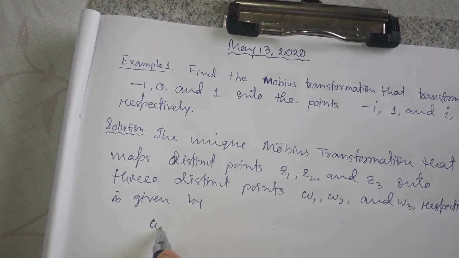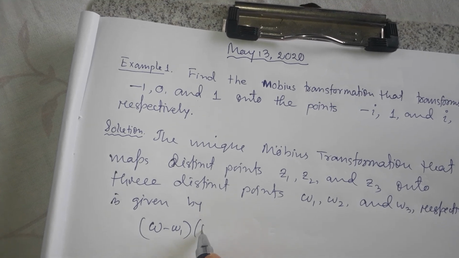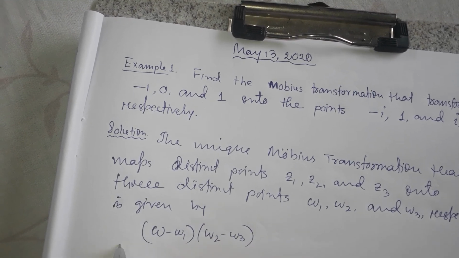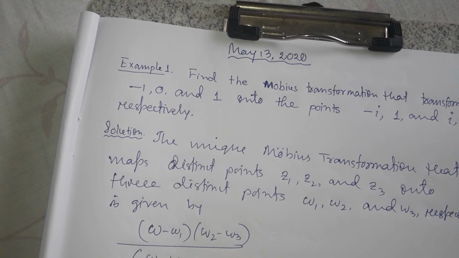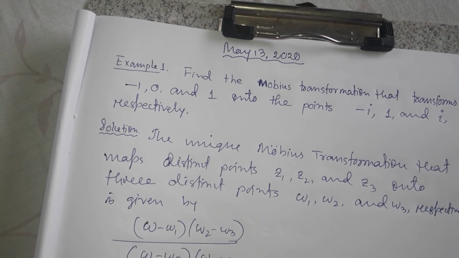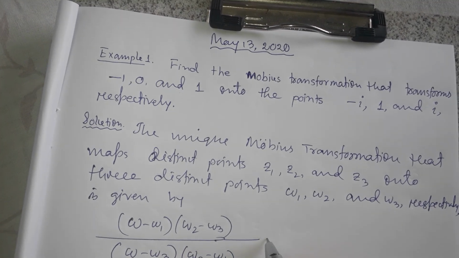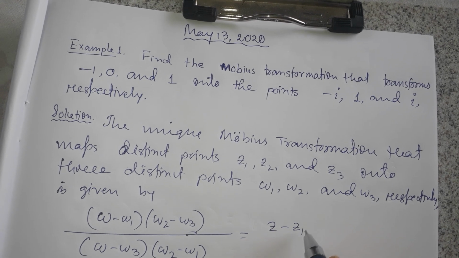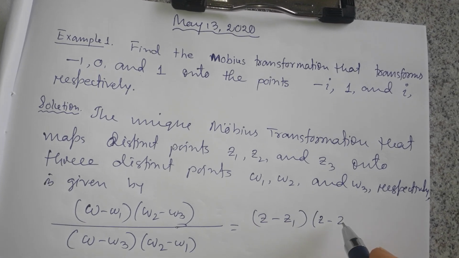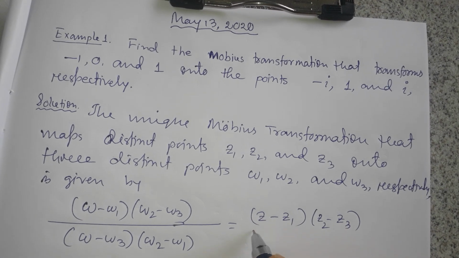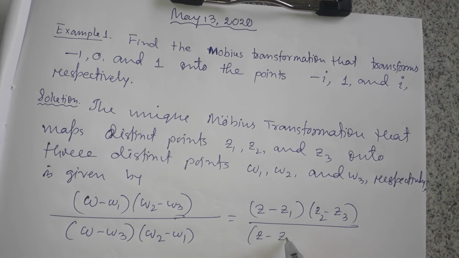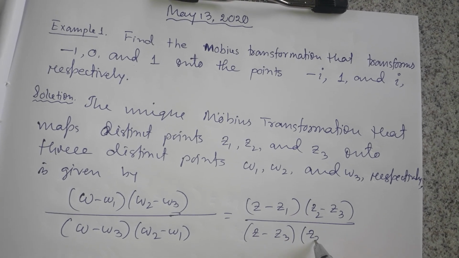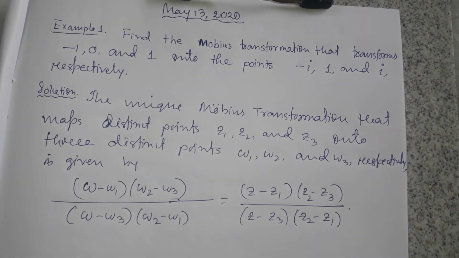That means (w minus w1)(w2 minus w3) over (w minus w3)(w2 minus w1) is equal to (z minus z1)(z2 minus z3) over (z minus z3)(z2 minus z1).